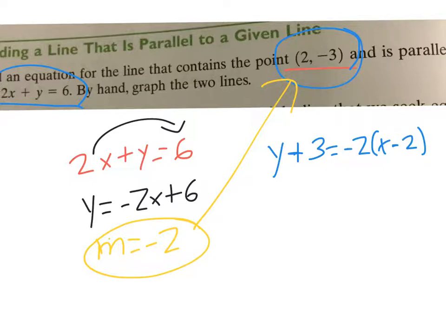Now, I'm going to stop right here, because I have an equation for the line. If you decide to put it in slope-intercept form to graph it, I'm fine with that. But I'm just going to leave it like this. Can you go further? You can, if you want to.